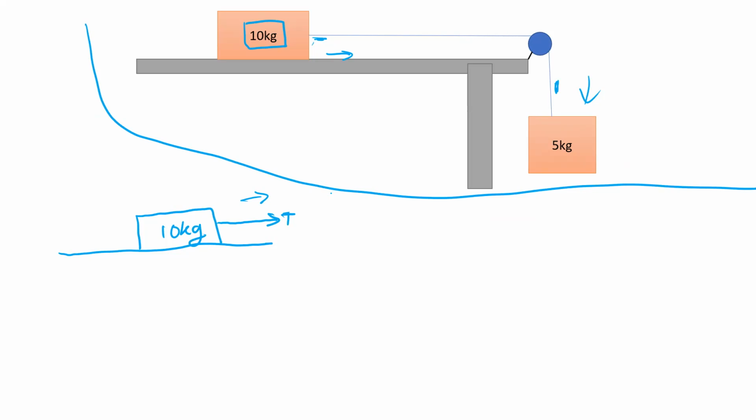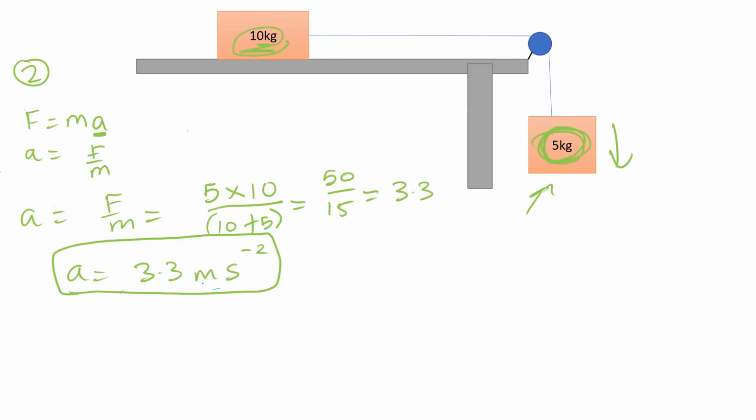So we want to determine tension, T. We know that force is equal to mass times acceleration. Therefore, tension will equal mass times acceleration as well. In this case, the mass is 10 kilograms times the acceleration we just found, which is 3.3.